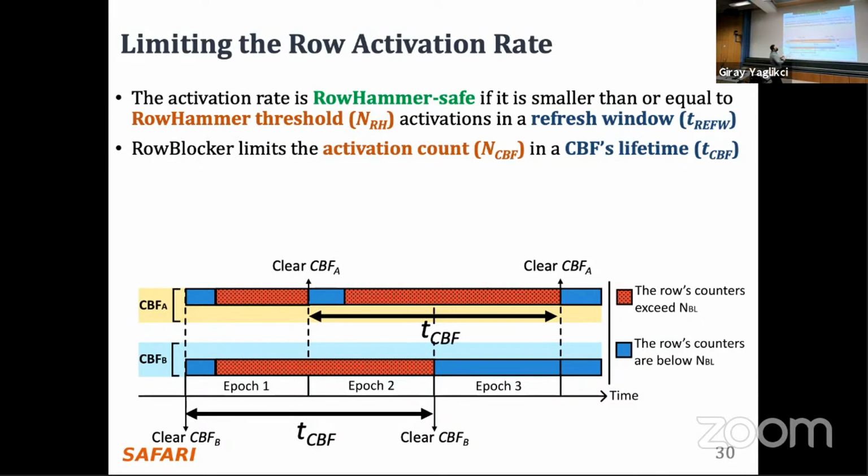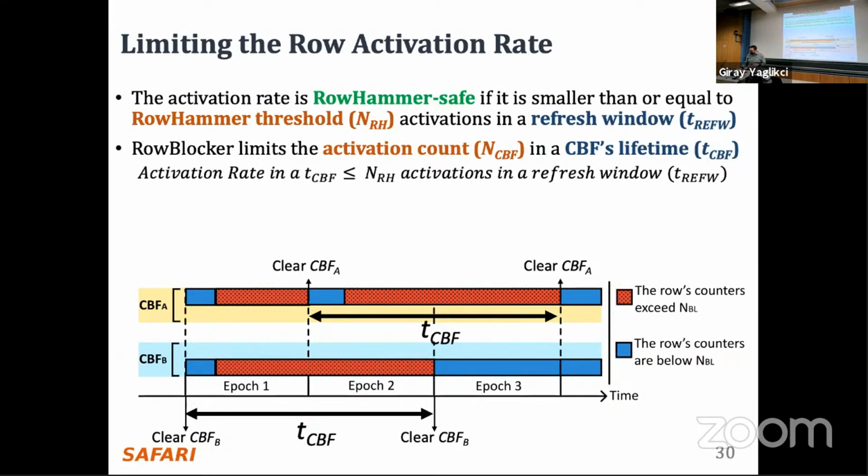This is the lifetime of a CBF, and RowBlocker limits the activation count of a row to some value in this CBF time window. As long as the ratio of this activation count to this time window, the activation rate, is below the RowHammer threshold, then we are safe.